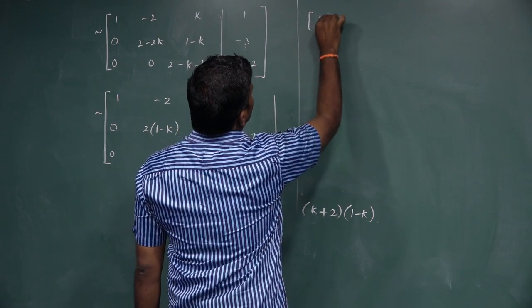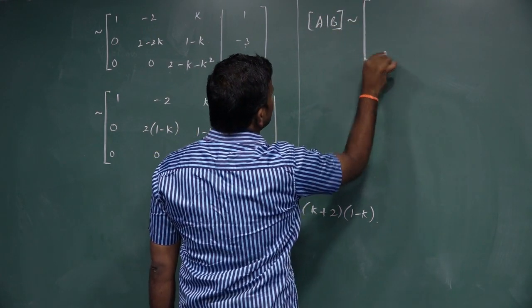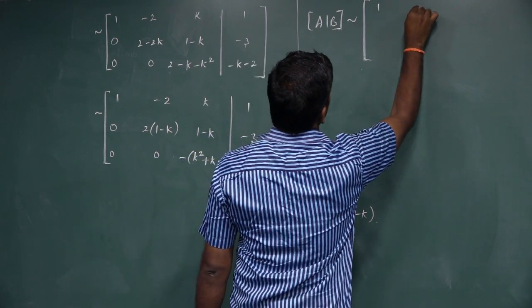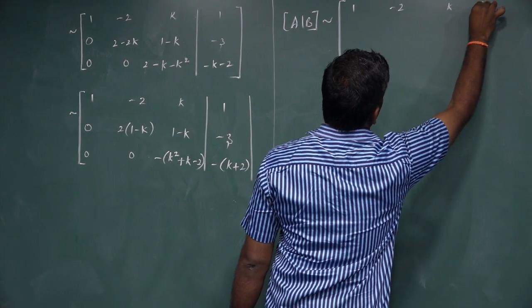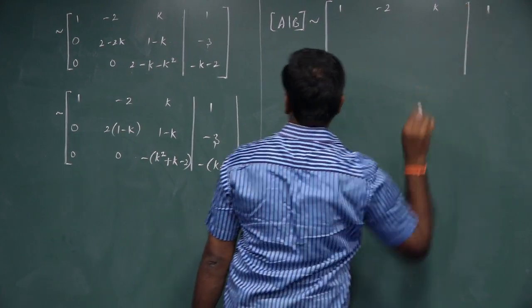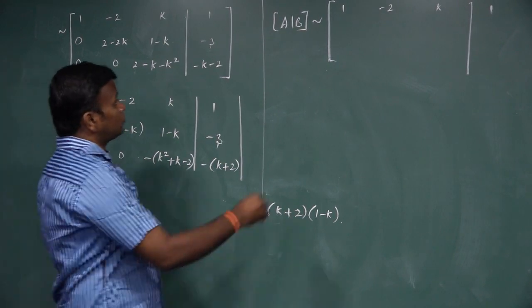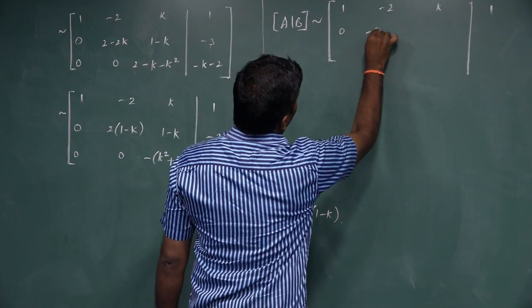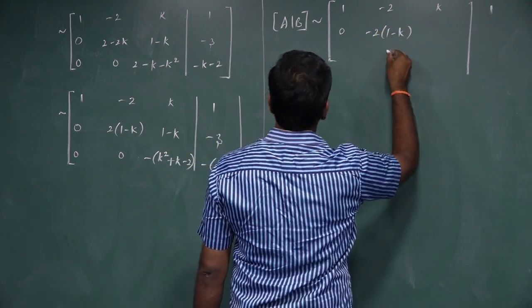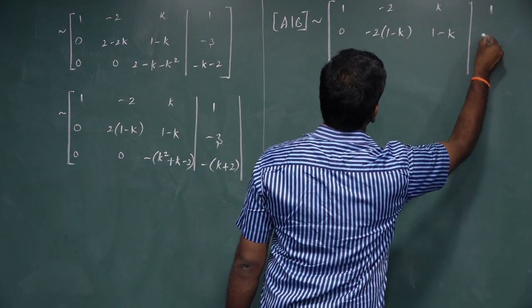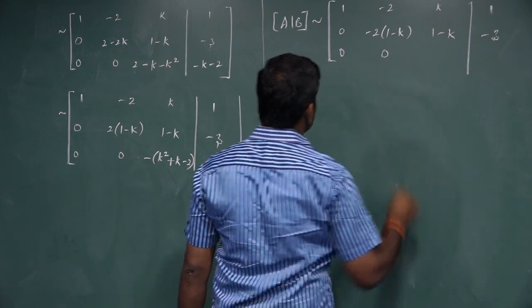So the augmented matrix A by B is equivalent to: first row 1, minus 2k, 1; second row 0, 2 of 1 minus k, 1 minus k, minus 3; third row 0, 0.